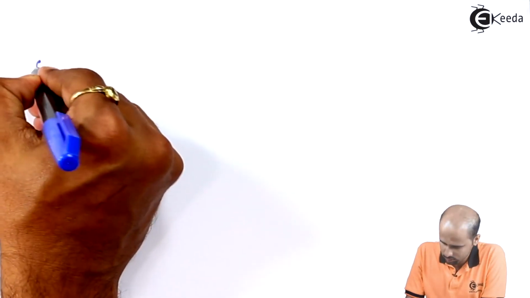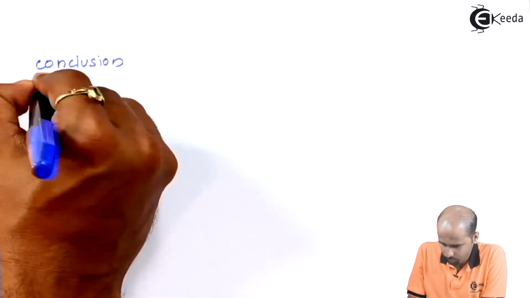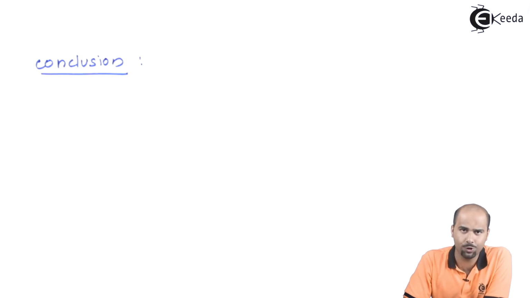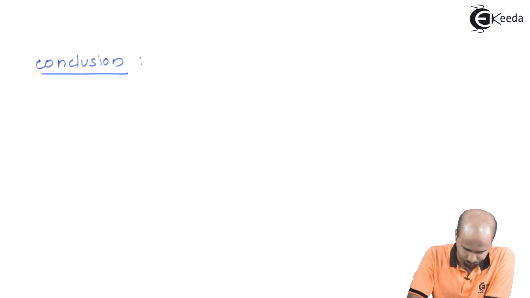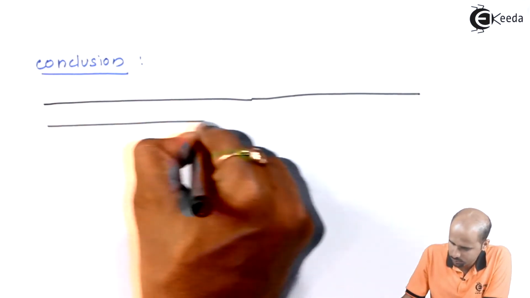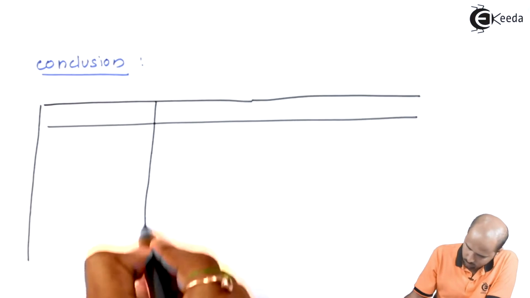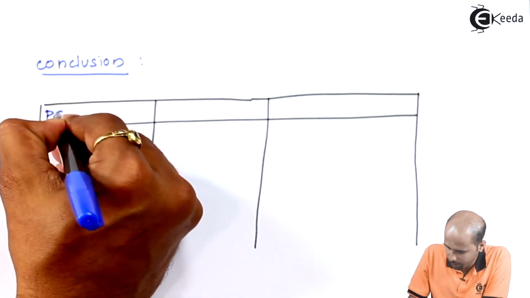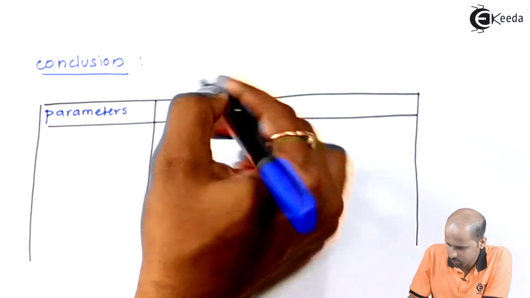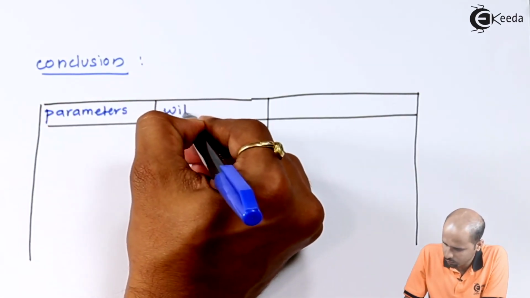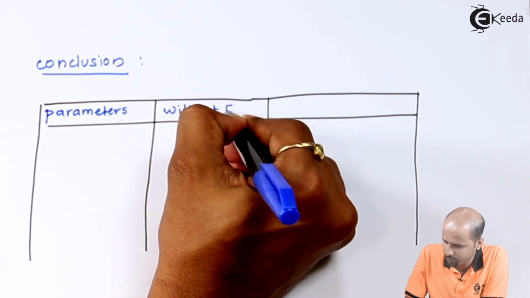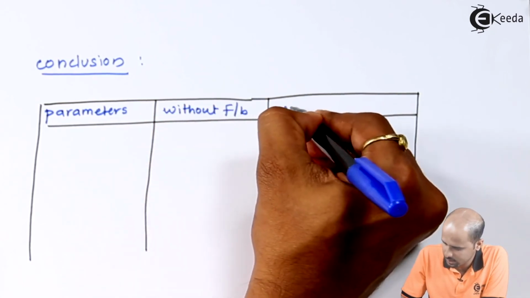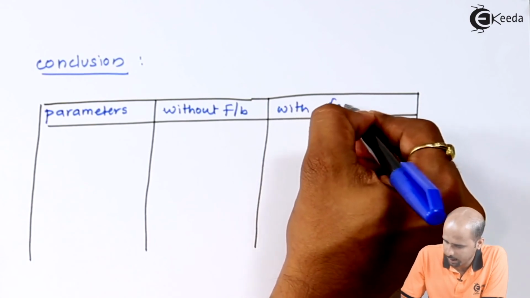Now we will conclude our session for the current shunt negative feedback analysis. These are nothing but the parameters, without feedback and with feedback.